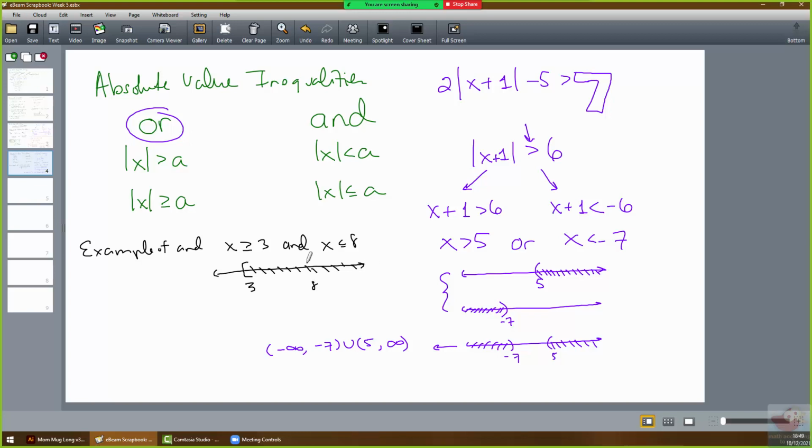If this were 8 and we want less than, we would want to the left. So "and" says where do they overlap each other, and they overlap between 3 and 8, including the 3 and the 8. So the "or"s you typically write as 2 disjoint sets, and "and" you typically write as 1 set.